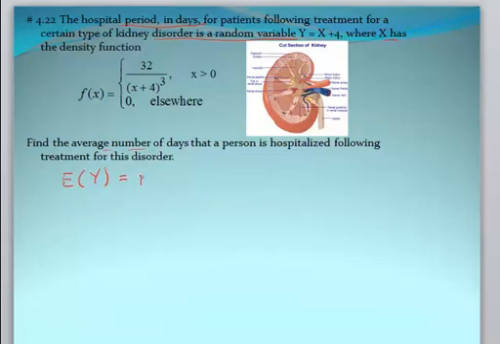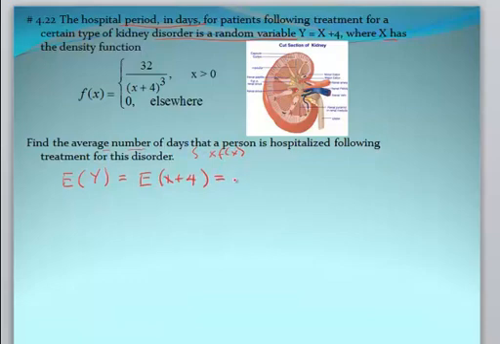And that's actually going to be the same as the expected value of x plus 4. So all we have to do then is do our usual, remember it's x times f of x, integrated over the whole shebang.